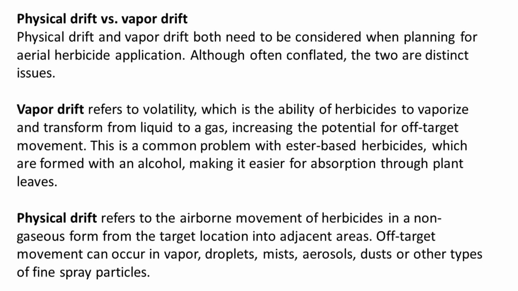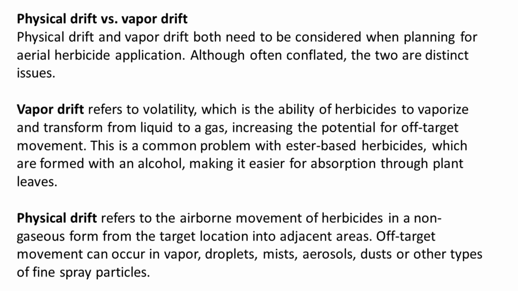Physical drift versus vapor drift. Physical drift and vapor drift both need to be considered when planning for arable herbicide application. Although often conflated, the two are distinct issues. Vapor drift refers to volatility, which is the ability of herbicides to vaporize and transform from liquid to a gas, increasing the potential for off-target movement.